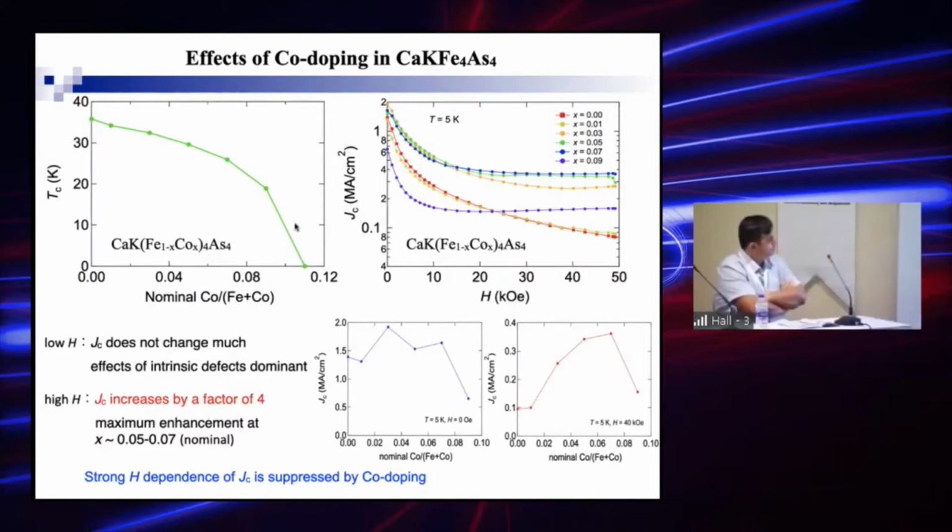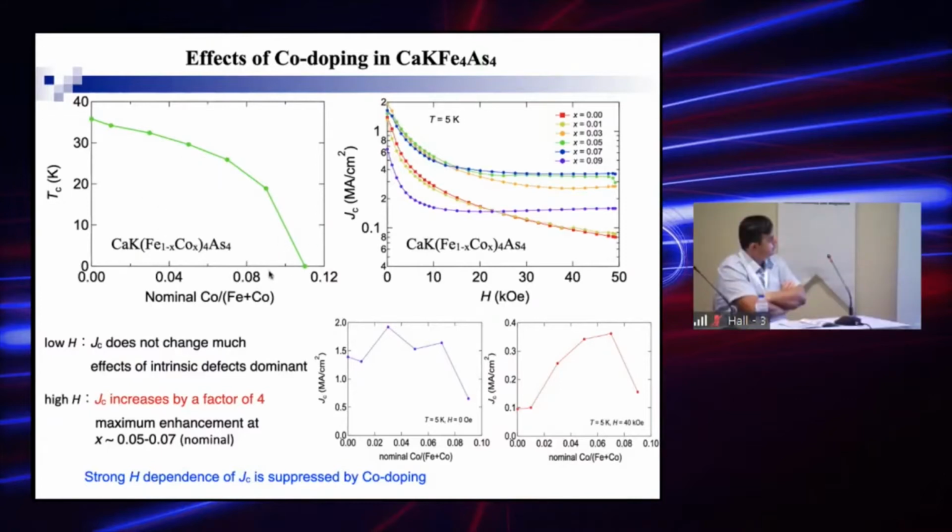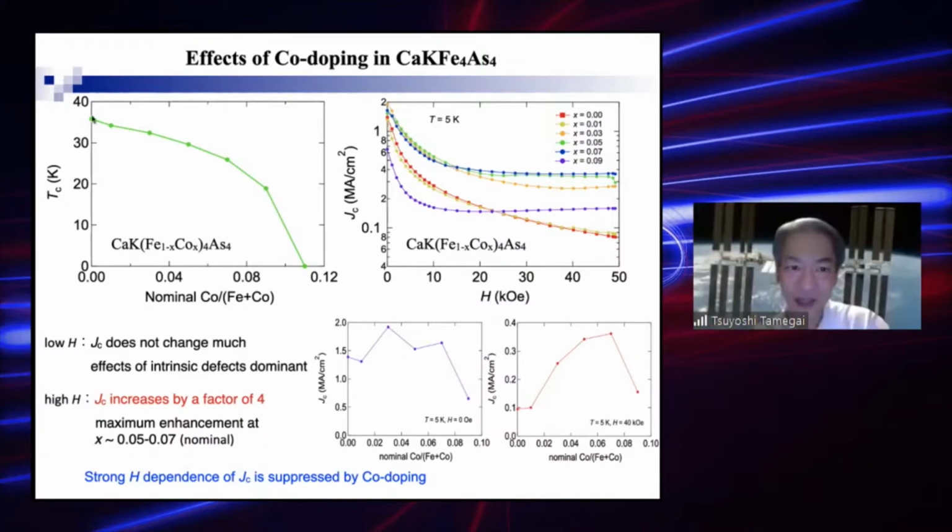Now this is the cobalt substitution, chemical doping, replacing part of the iron with cobalt, an electron doping system. By doing so, Tc is going down, and eventually at about 10% cobalt, Tc goes down to zero. But in this region of a small amount of cobalt, when we look at the system, Jc originally showed a very strong field dependence.